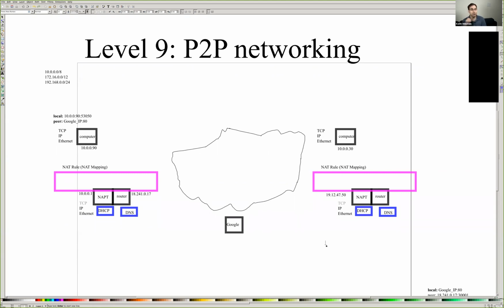So let me say there's a few different ways we could do it. Let's describe a few strategies. Strategy one, we'll call this part A. So one way to do it is just to send all the traffic through Google.